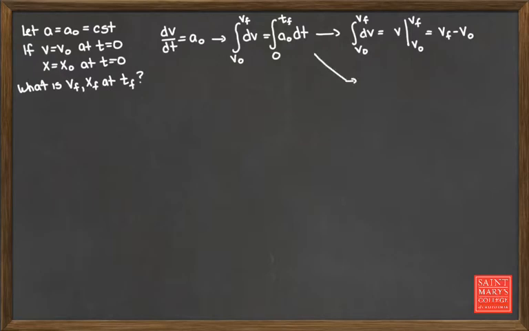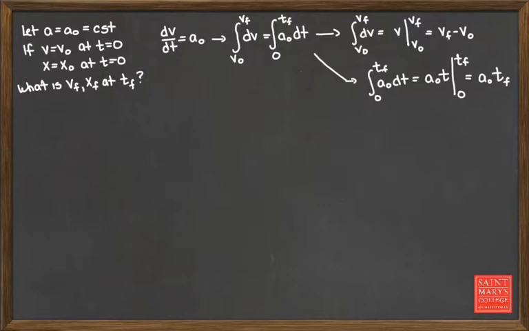Similarly, for the right-hand side, the integral from 0 to the final time of the constant acceleration over time, the area under our curve where the curve has 0 slope and it's just the constant value of a naught, is just a naught times t, evaluated between the final time and the original time, and that is just a naught t final.